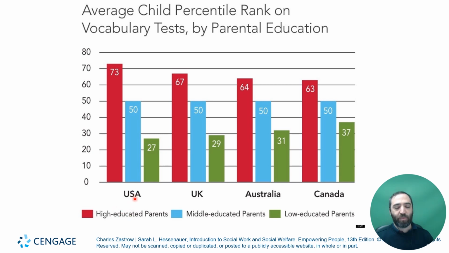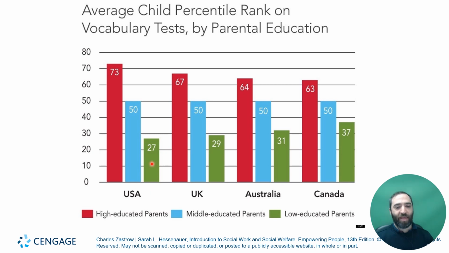The ones in blue have middle education, so they finished high school, maybe they've got a year or 2 of post high school education. And then the low educated, those who maybe dropped out of high school or got a GED, things like that. And what you can see is that children tend to follow their parents.